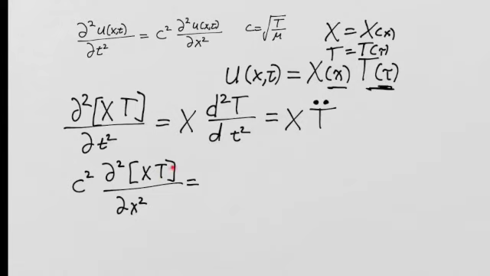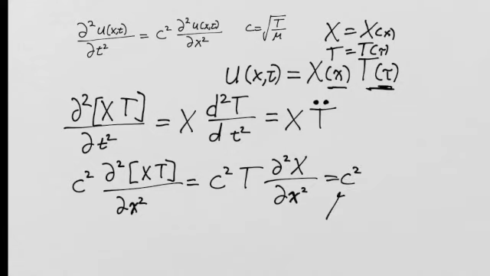Now we know that T is not a function of x, so T comes out. And this will end up being c squared T times the second partial derivative of X with respect to the distance x. Remember, this is a little x here, and that's a big X there. This is a little x in the denominator of this operator. And we're going to write that as c squared. Remember, c contains the tension and the mass density of the string.